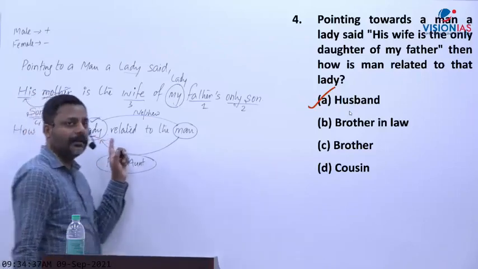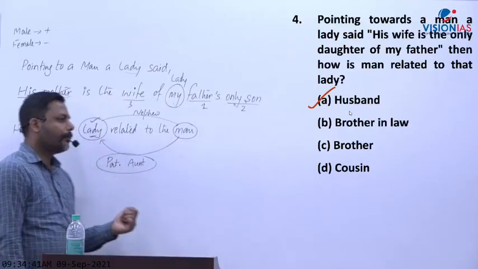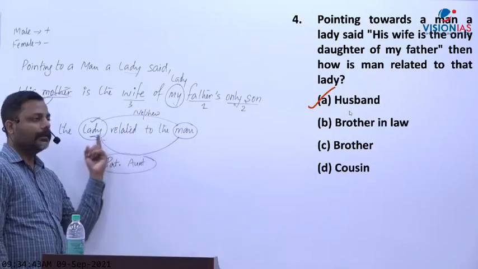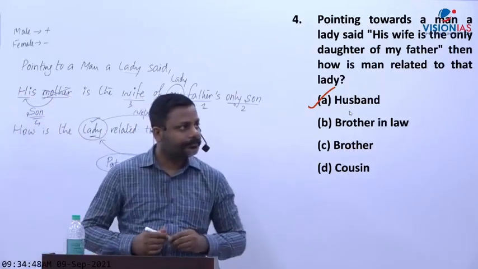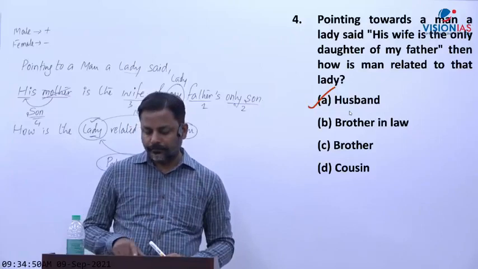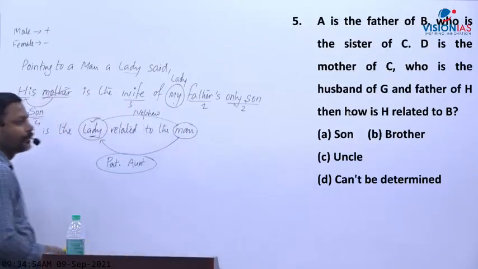Since the man is lady's brother's son, so for the man, the lady will be paternal aunt. Is it clear? Okay then. Now, next question, that is question number 5.